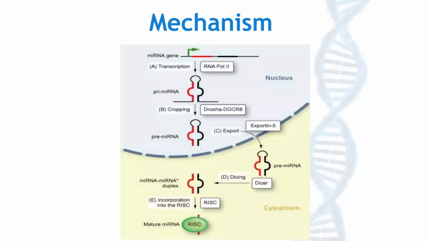And the number two mechanism of microRNA silencing is through destabilization of the messenger RNA by shortening its poly-A tail. The poly-A tail in messenger RNA is protected from exogenous or endogenous exonuclease enzymes.